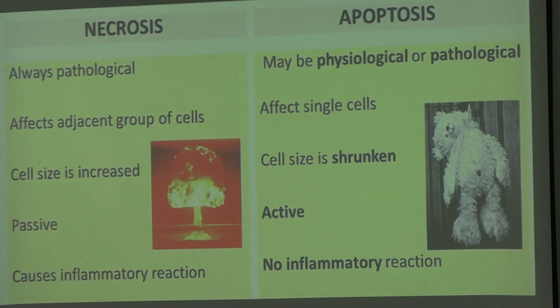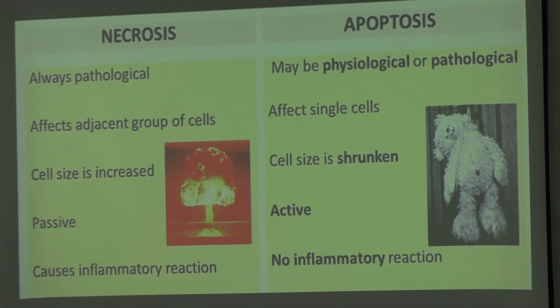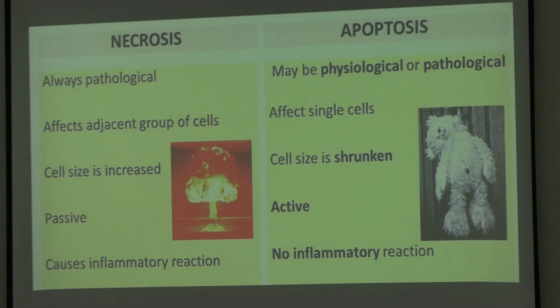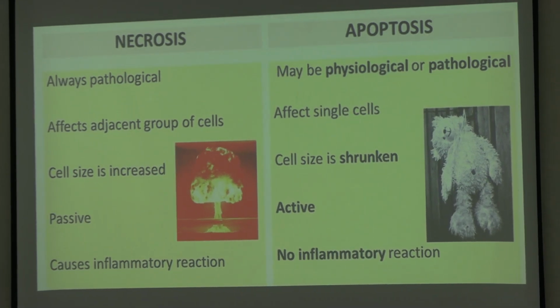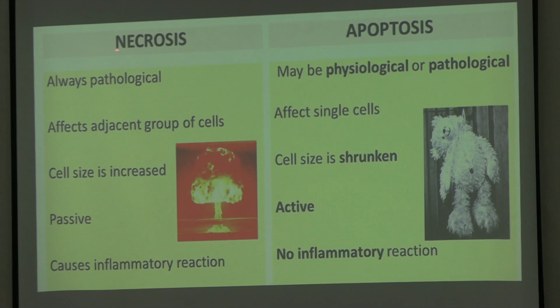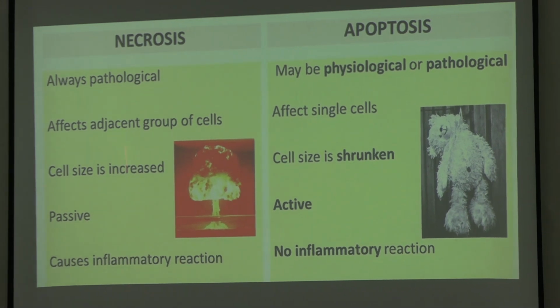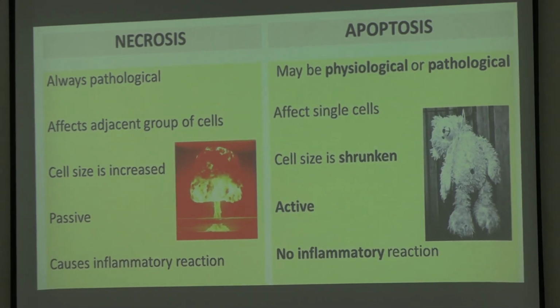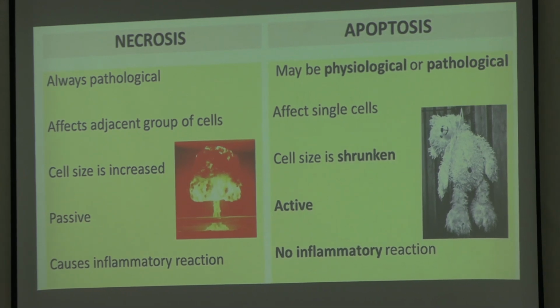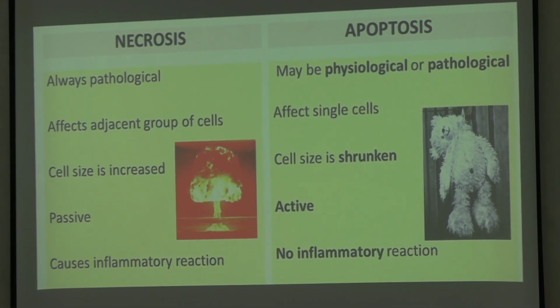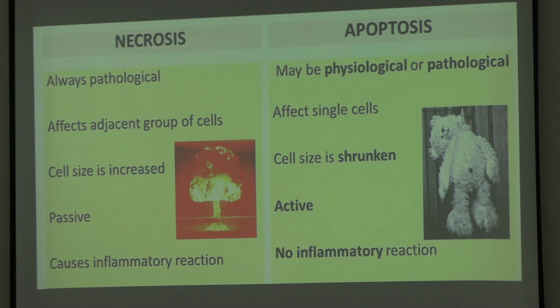So see the differences between necrosis and apoptosis. What are the differences? Necrosis is always pathological, whereas apoptosis may be physiological as well as pathological. Necrosis affects adjacent cells, but apoptosis will not disturb the neighboring cells. Only this cell will die.